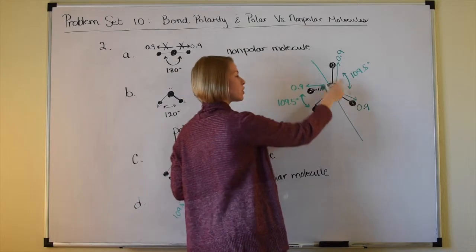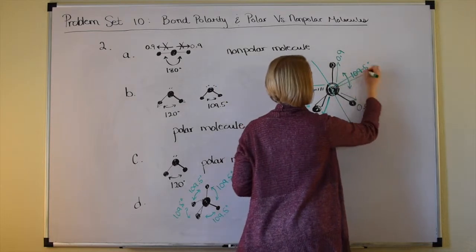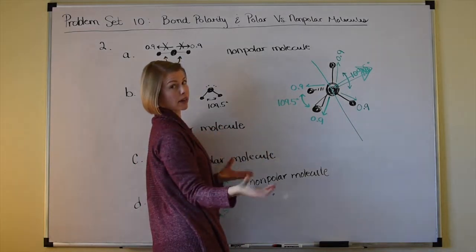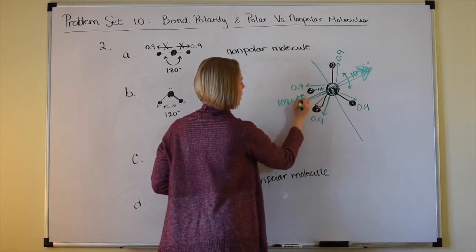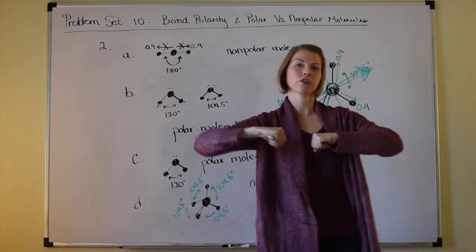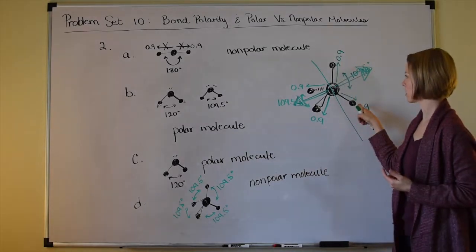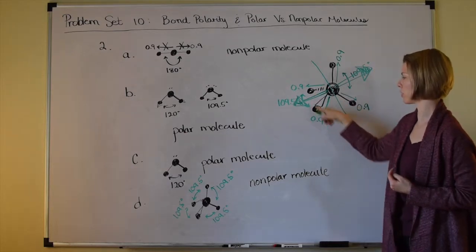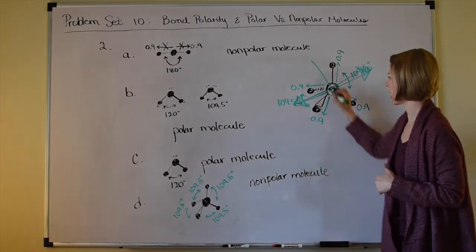So the sum of these two forces at 109.5 degrees in space is going to be the same as the sum of these two forces, which are the same magnitude and also at 109.5 degrees apart in space. And so really it just becomes the same thing as the linear, where we were looking at equal in magnitude and opposing in direction, and they canceled out. Same idea here. These two forces at 109.5 degrees apart are equal to the sum of these two forces, also at 109.5 degrees apart. So they cancel out, creating a nonpolar molecule.